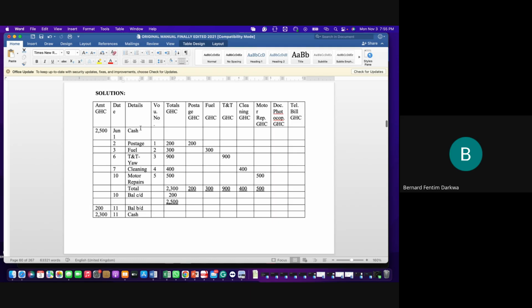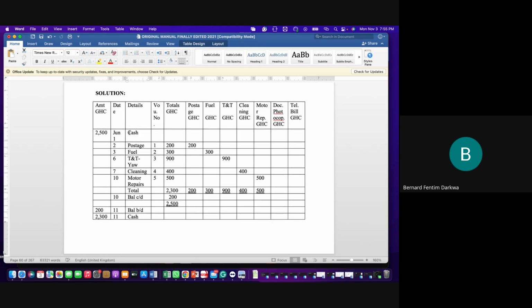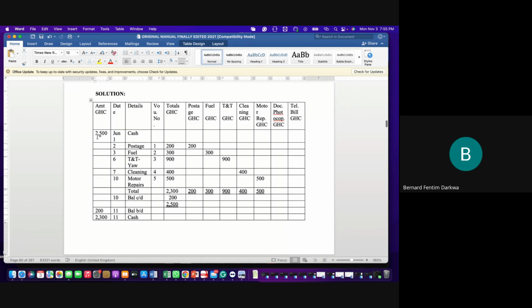This is the cash that the petty cashier is receiving from the main cashier. How much? 2,500. That is the only item we are going to record at the debit side. Sometimes you can write imprest or float in the details.